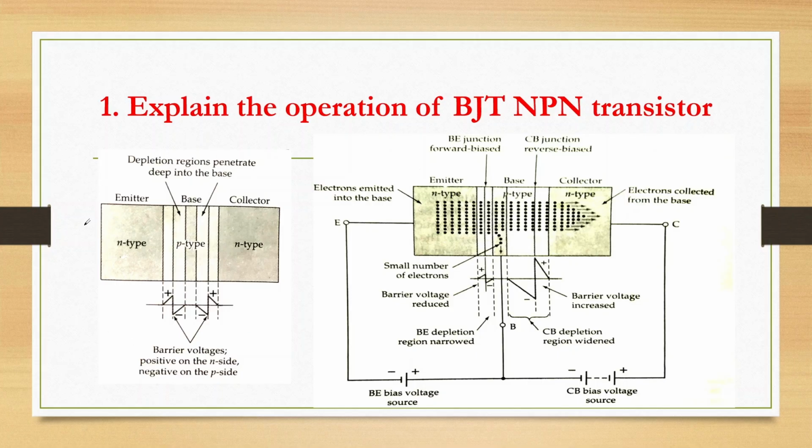So this diagram represents the unbiased NPN transistor. Unbiased in the sense without any battery or without any supply.